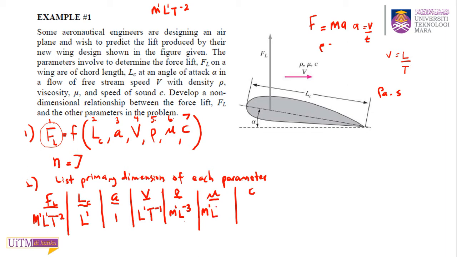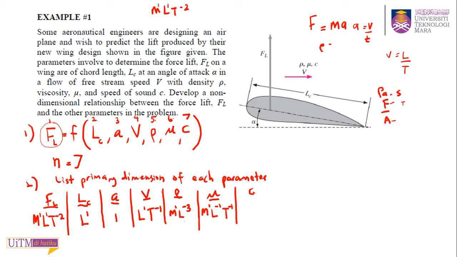L negative 1, okay. T negative 1, very good. Okay, so this is the primary dimension for mu. You can get it from this one. Pascal, pressure lah, pressure is F over A. Okay, so you find the primary dimension for F and A, and then for S lah, T ni T je kan. Okay, so you will get that for mu.